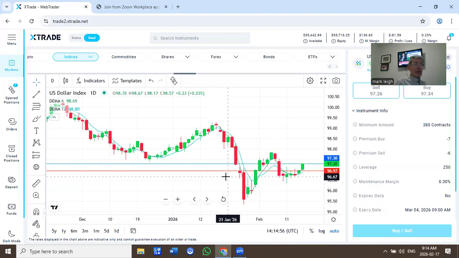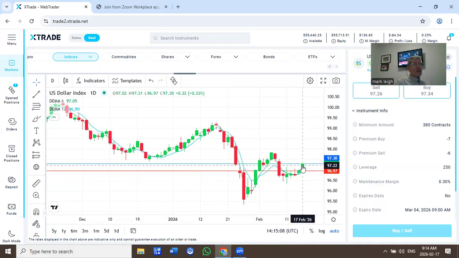I've got support at 96.97, and I've got resistance at 97.30, and that resistance level being tested now. We'll see how that plays out once Wall Street opens up in about 15 minutes, and we'll see how US dollar performance continues and if demand for US dollar continues through the US session.